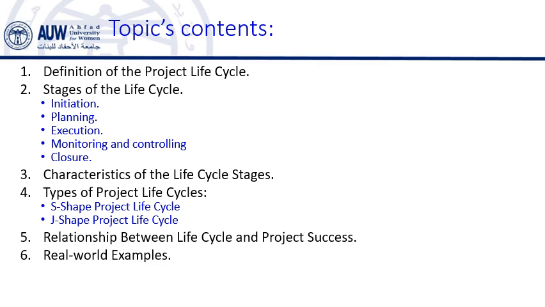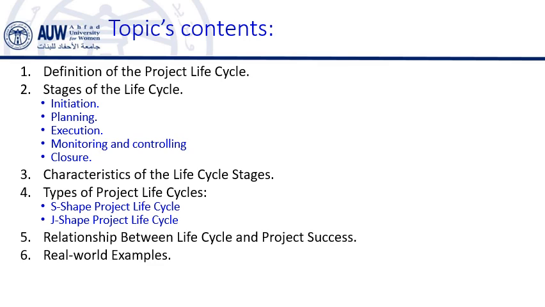This type is common in construction projects, while the J-shape involves an initial investment followed by a drop, then a sharp rise in cost or effort as the project nears completion. This is often seen in research and development.